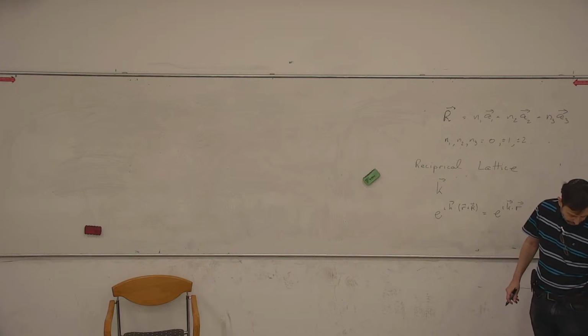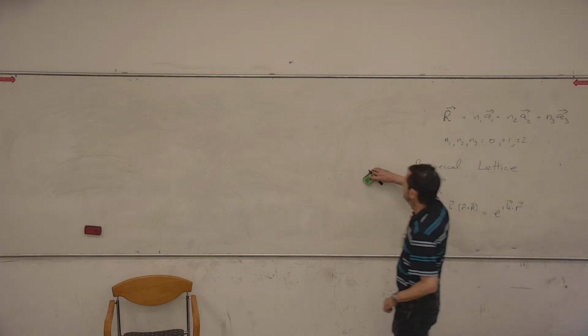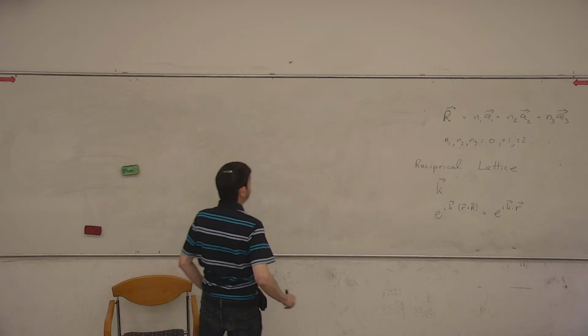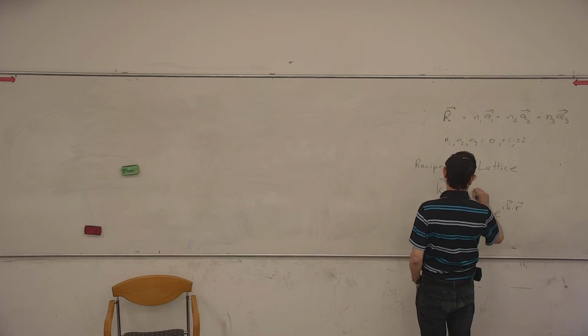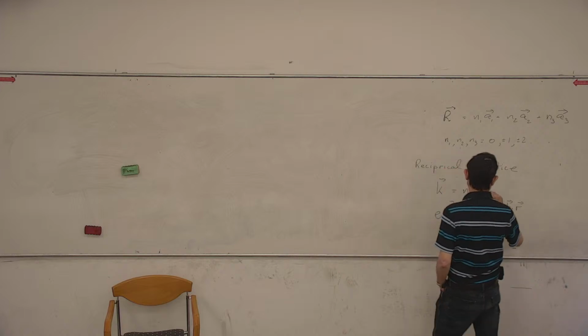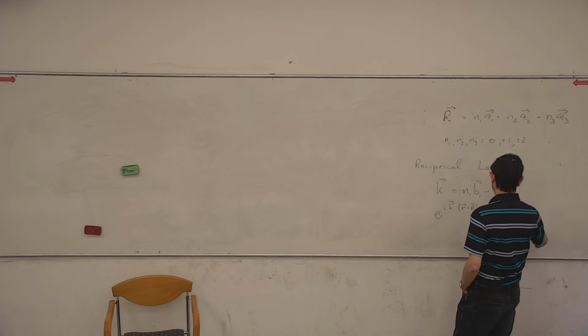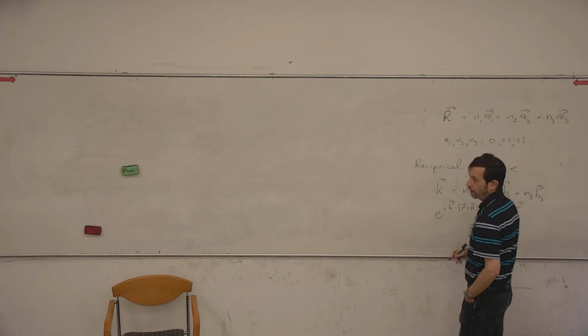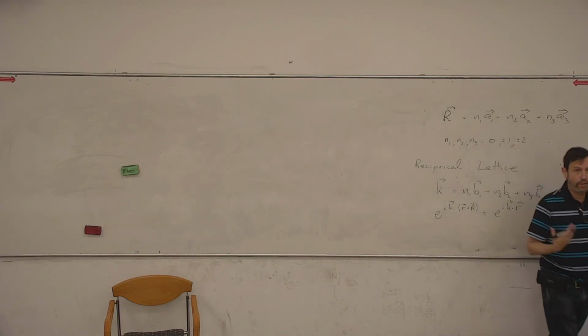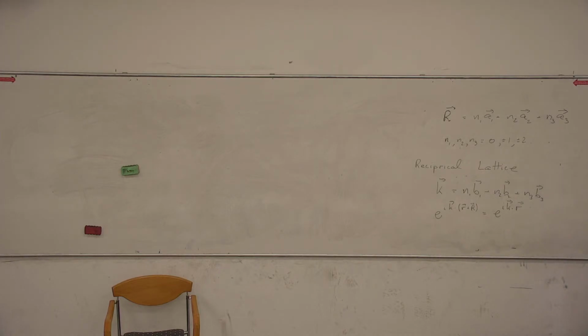Okay. I write down what is this vector. Again, if I started with a three-dimensional lattice, I'll have also a three-dimensional reciprocal lattice.